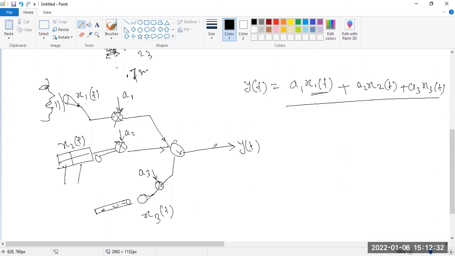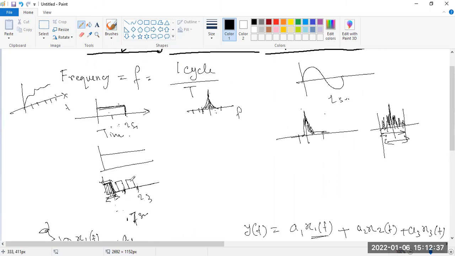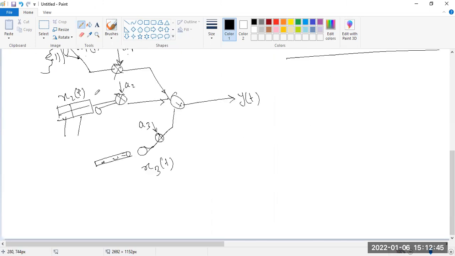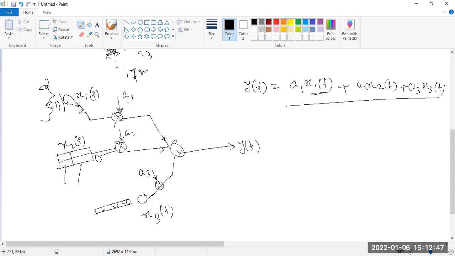Up to this I think it is clear. But in your time domain, this continuous signal is going on. If there is some noise, say this is a vocal, this speaker is singing some song. Behind it, a cat or dog is barking.